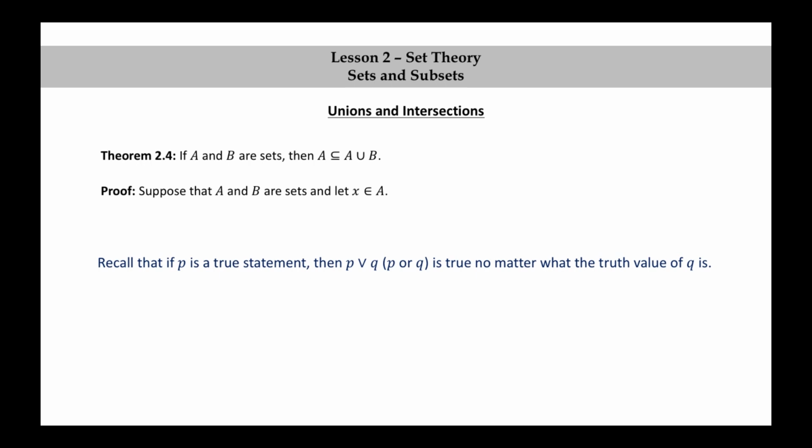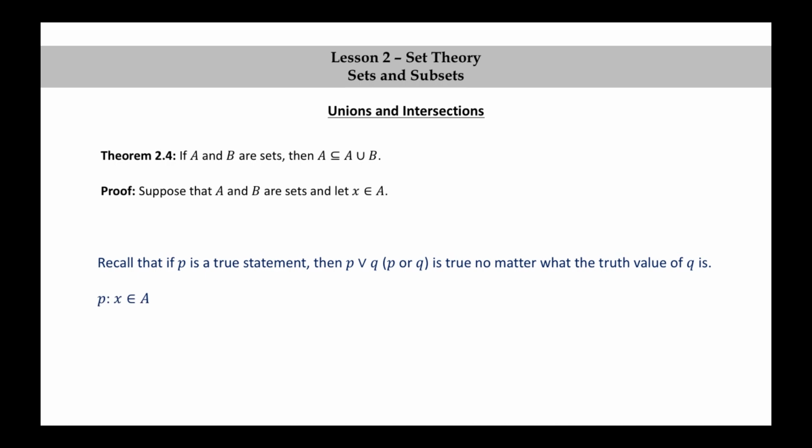Before we go on, recall that if P is a true statement, then the statement P or Q is true no matter what the truth value of Q is. We're going to apply that in this proof.